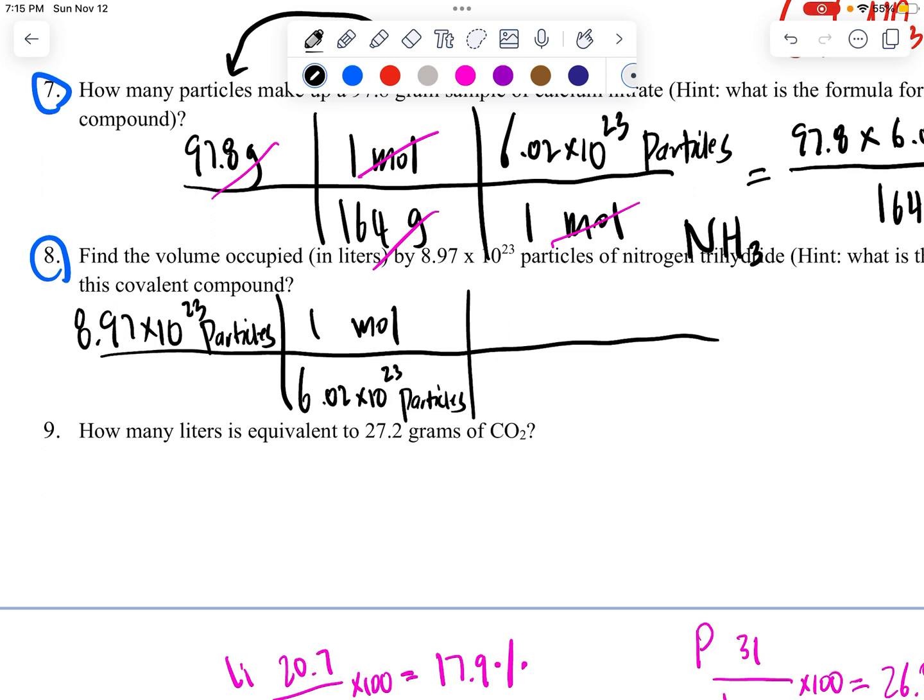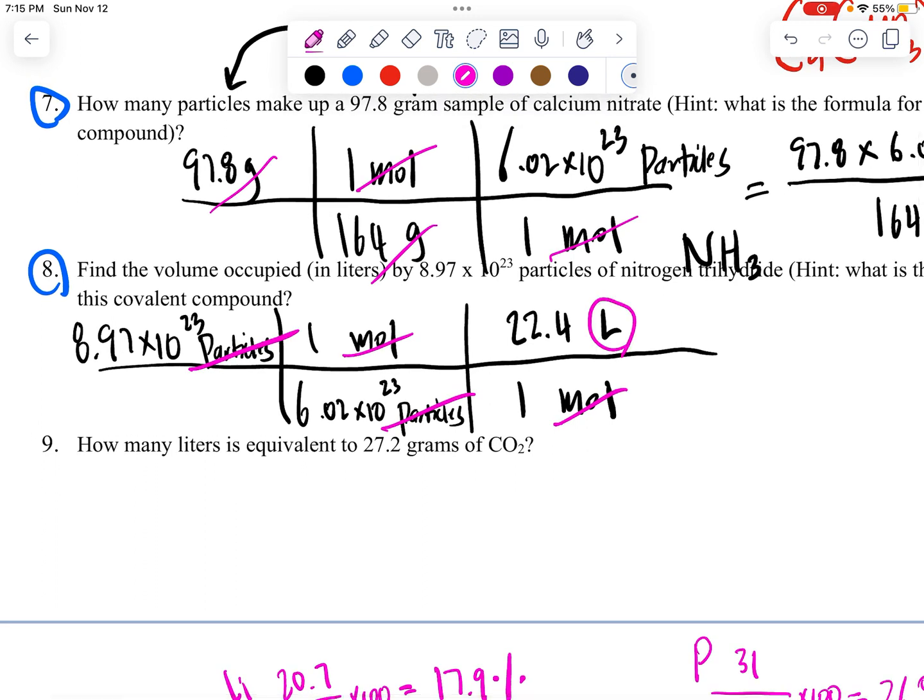Am I done? No, I need one more step, to go from moles to liters using the molar volume. If I had 1 mole of nitrogen trihydride, that would give me 22.4 liters. Cancel out all the units: particles, moles and moles. The only unit that's left is liters, which is exactly what we're trying to find.